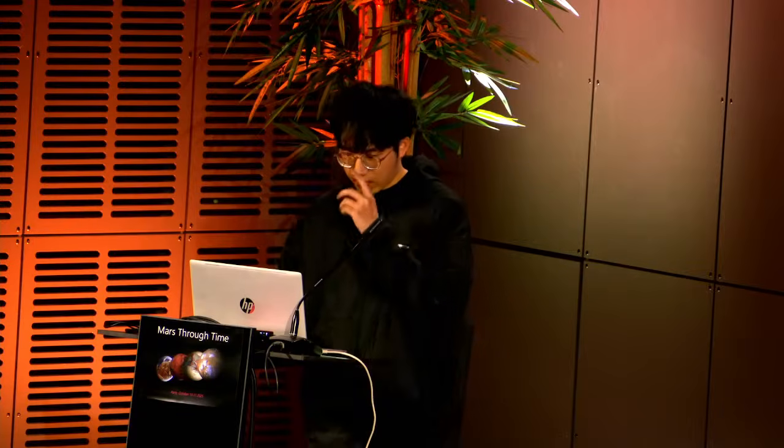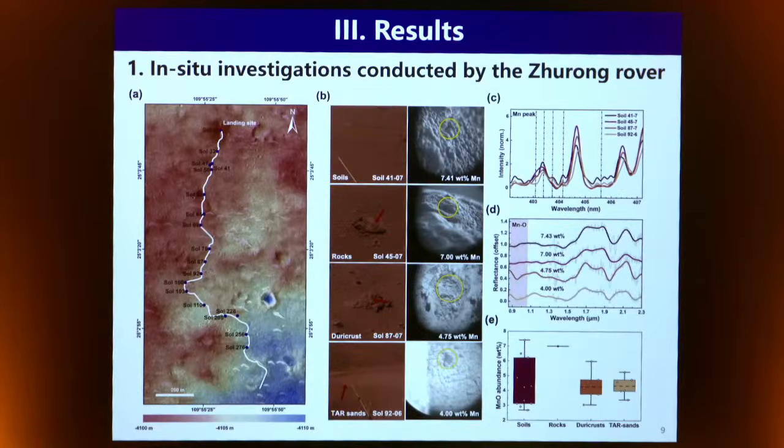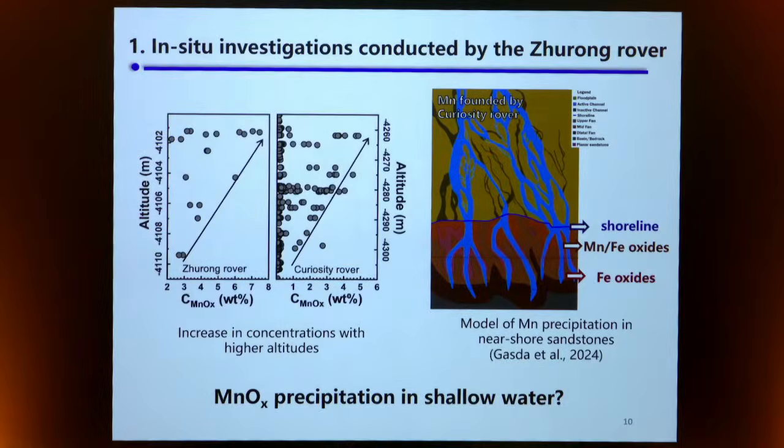Okay, that's a really good question. Yeah, I have heard of the varnish on the rock surface, but the data is limited. The highest resolution figure that we got is the middle line, and it could probably be varnish on the rock, but you have to explain all the results, like the increase in concentrations with higher altitudes.